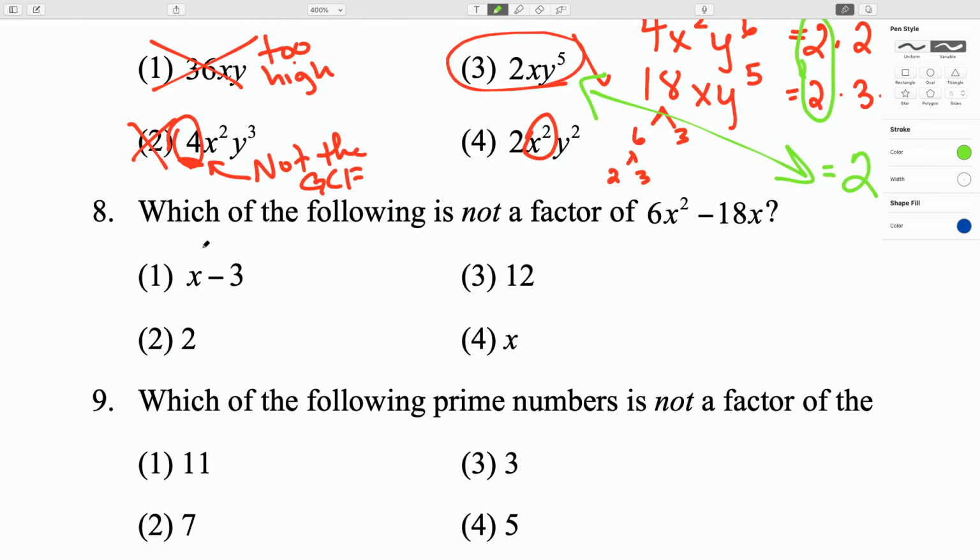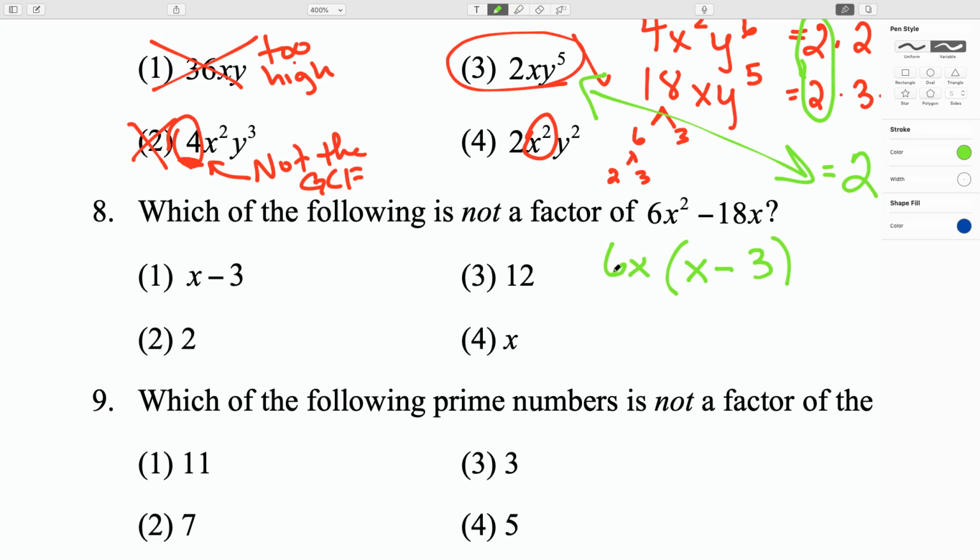Which of the following is not a factor of 6x squared minus 18x? I think I'm going to factor this one. What can go into both? 6x. 6x times x will give me 6x squared. And 6x times 3 will give me 18x.